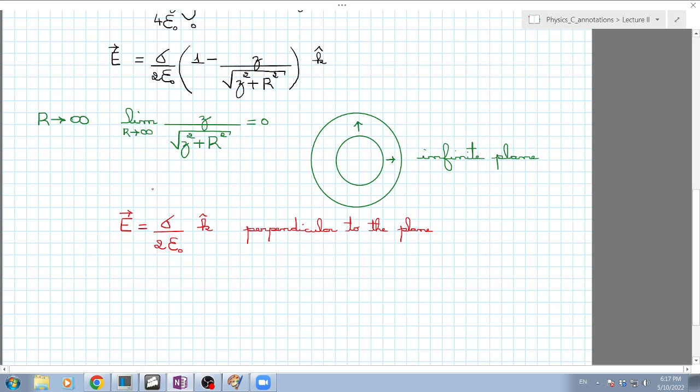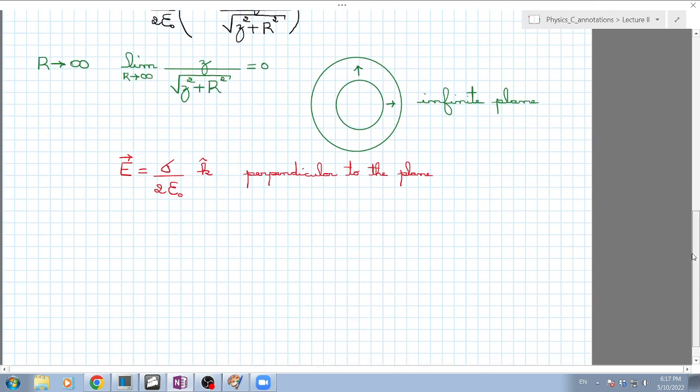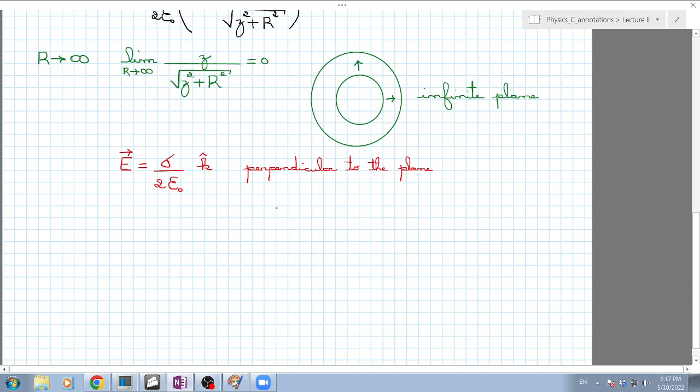It depends only on the charge density and a characteristic of the medium around the plane, right? And this is going to help us to understand the capacitor. I'm not going to explain, I'm going to use the model.